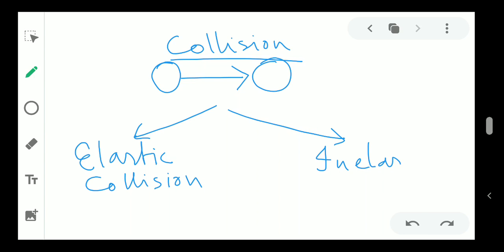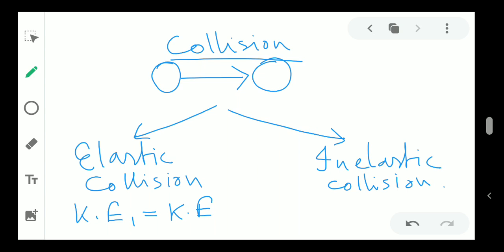Now what are elastic and inelastic collisions? Elastic collision means where the initial kinetic energy and final kinetic energy will be the same. I'm not talking about conservation of energy.